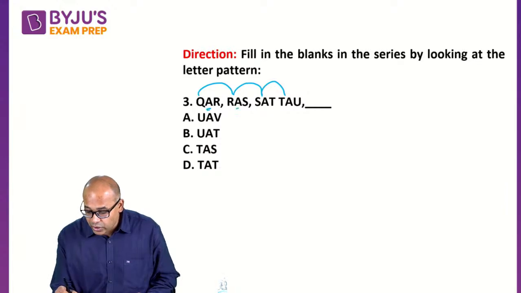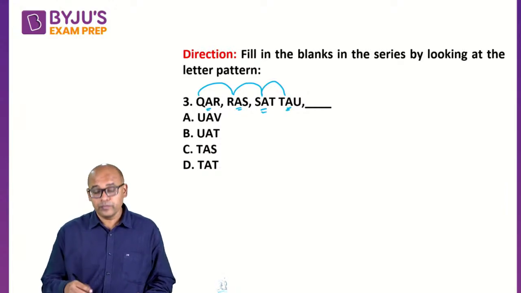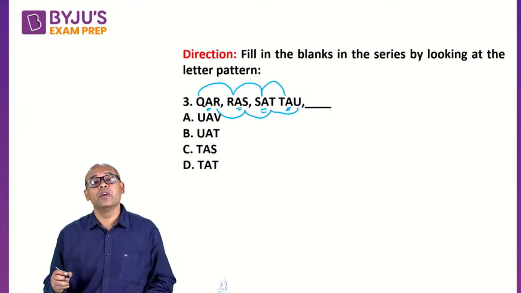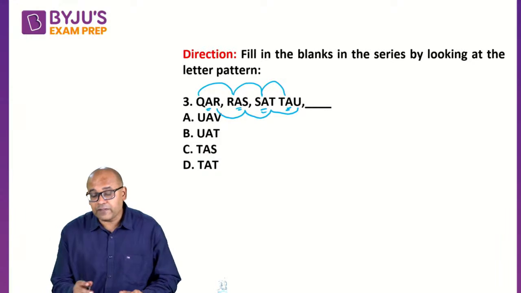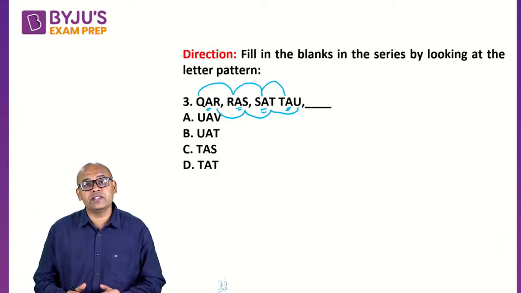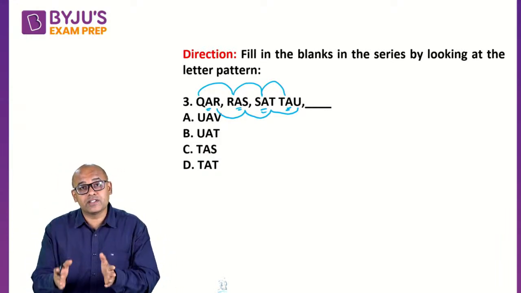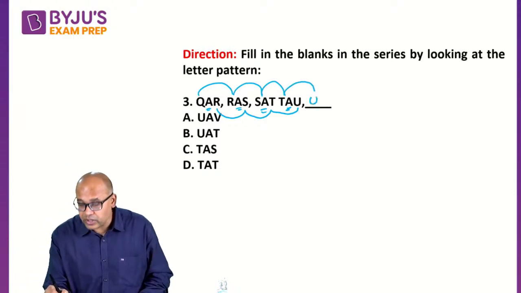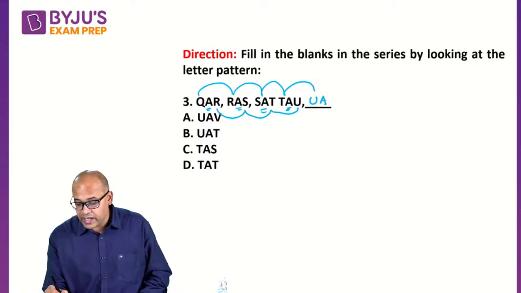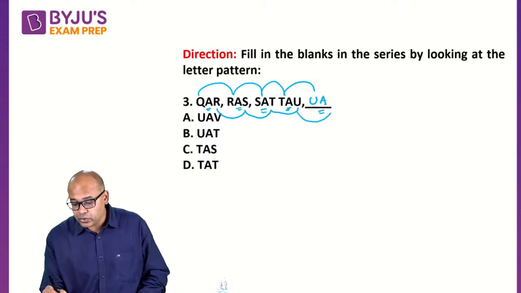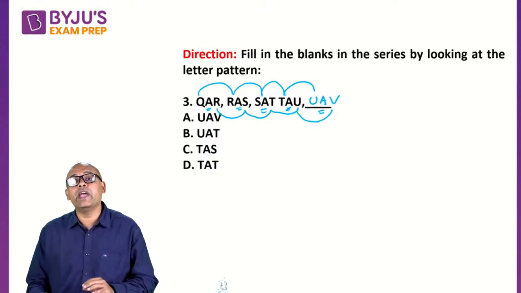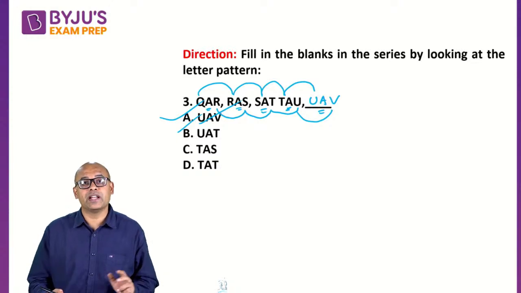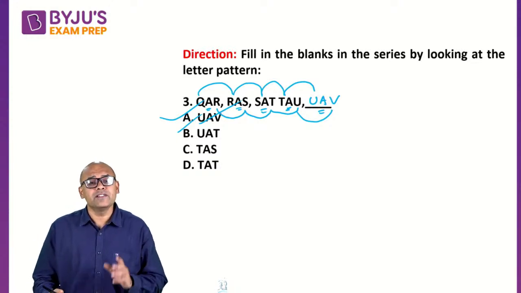The second letter is always A. And the third letter R, S, T and then U. So the first series of letters is continuous, the second letter is constant and the third letter is also continuous, which means after T I should get U. Then I should have A, which is constant. And after U, I should have V. So UAV should be my answer, which is option number 1 or option A. That's your answer. Okay, it's a very simple question.